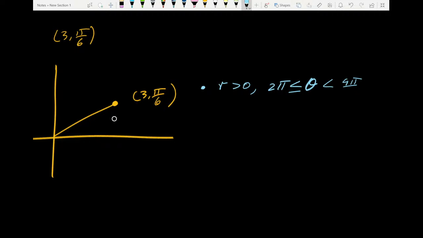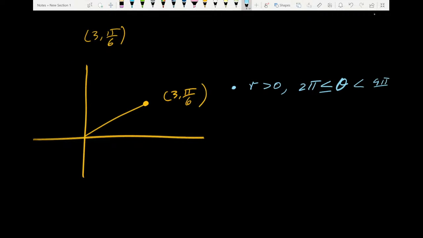So it's going to go around again. So r is greater than 0, so I can make r be 3, which is +3. If one angle is pi over 6 and goes around, the coterminal angle would be 13 pi over 6.